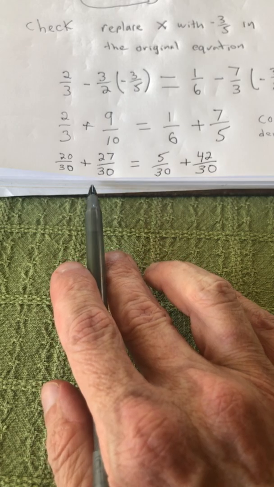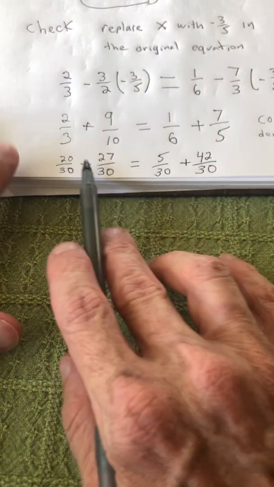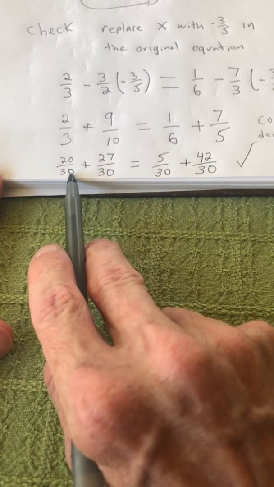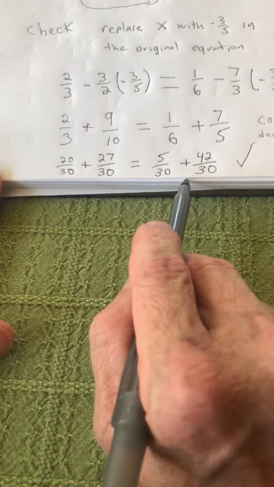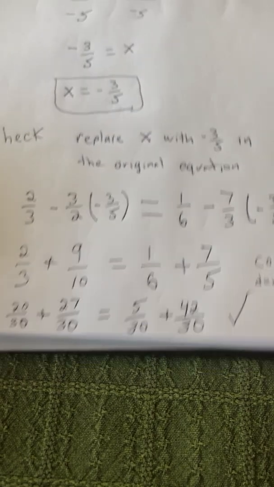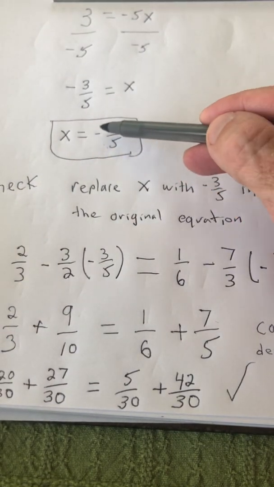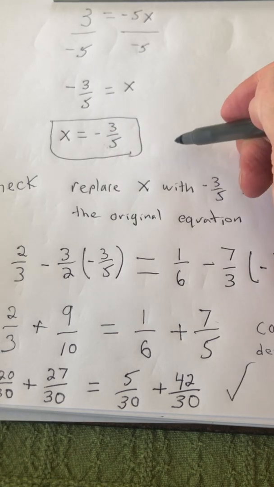Are these numbers the same? Yes. They are both equal to 47/30ths. So what that means is back here when we had our answer, x equals -3/5, that was the correct answer.